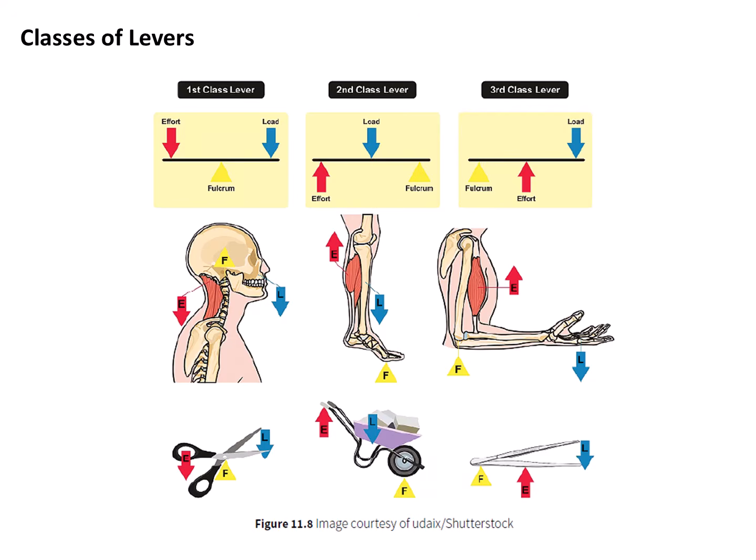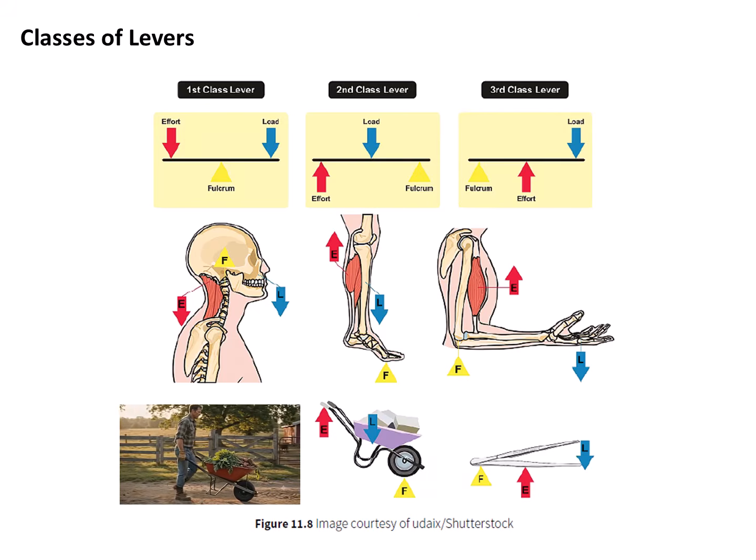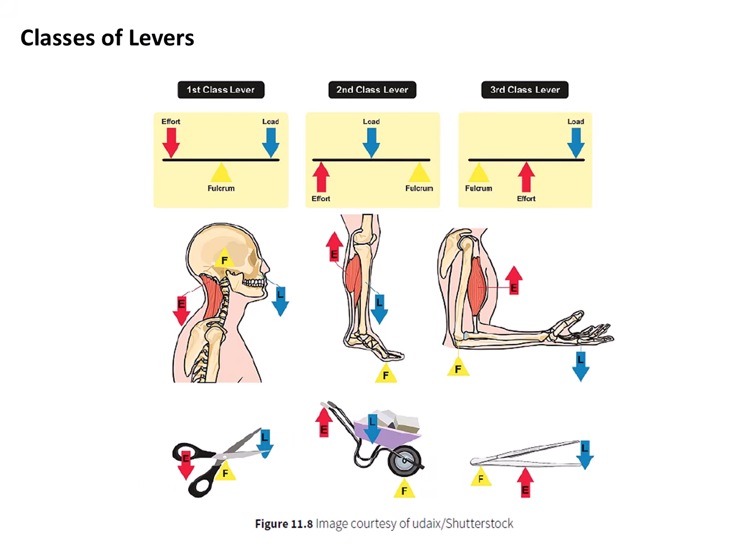A second-class lever is when the load is located between the fulcrum and the applied force. A common second-class lever is a wheelbarrow. In this case, the fulcrum is where the wheel is attached to the axle, the load is whatever is in the barrow, and the applied force is when the handles are lifted. In the body, an example of a second-class lever is plantar flexion when standing up.